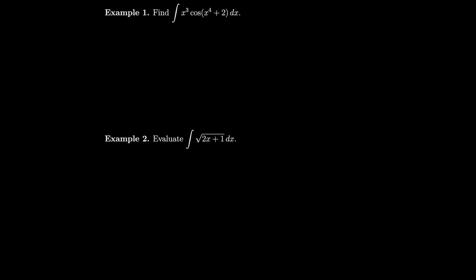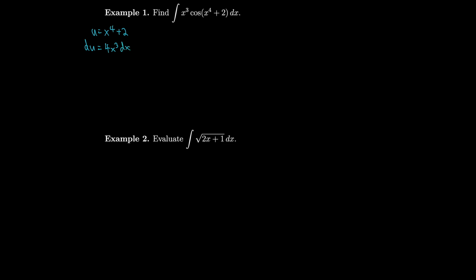Let's try to find the integral of x cubed times the cosine of x to the fourth plus 2 dx. It's maybe not immediately obvious, but if we let u equal x to the fourth plus 2, we treat du and dx as differentials, differentiate both sides, and get du equals 4x cubed dx.